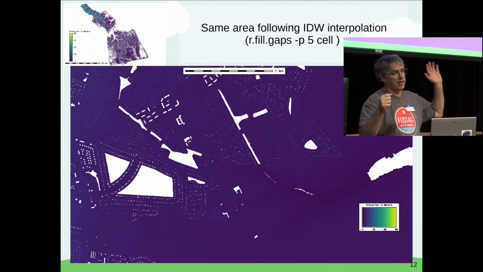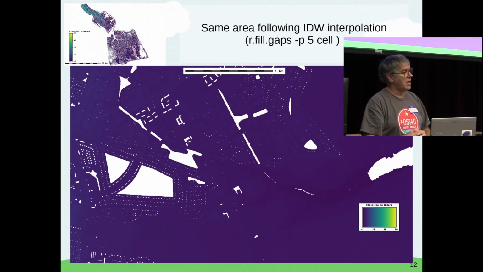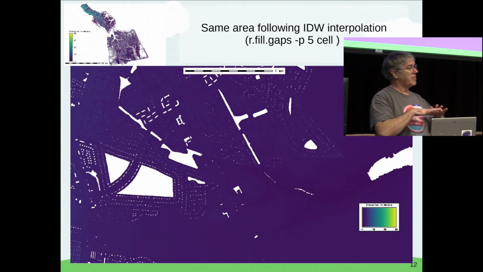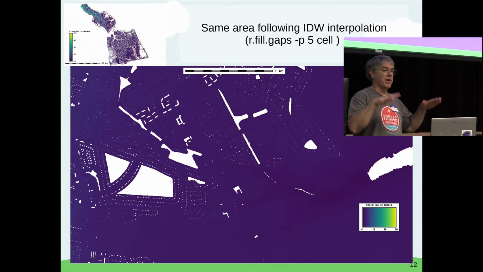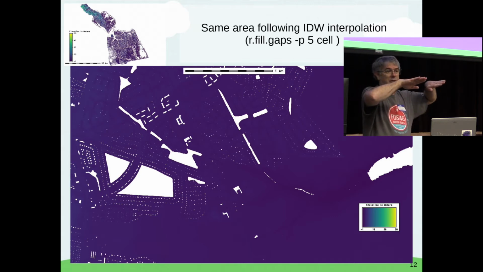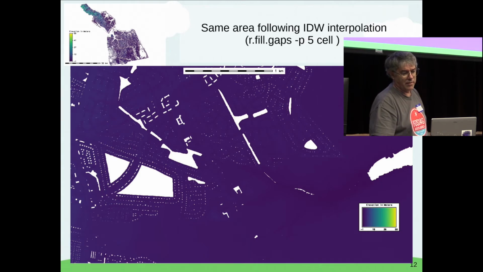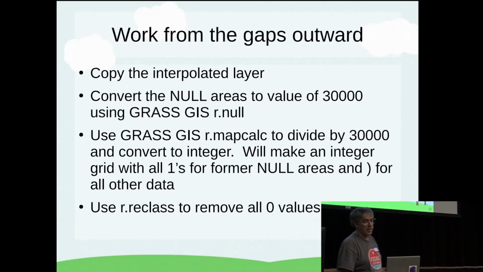So for that area that I showed you before, it only took about 40 minutes to do this for the entire area. And a lot of the small gaps have been filled in. Now for the water bodies, you've gone in about 5 cells. But we're going to take care of that.